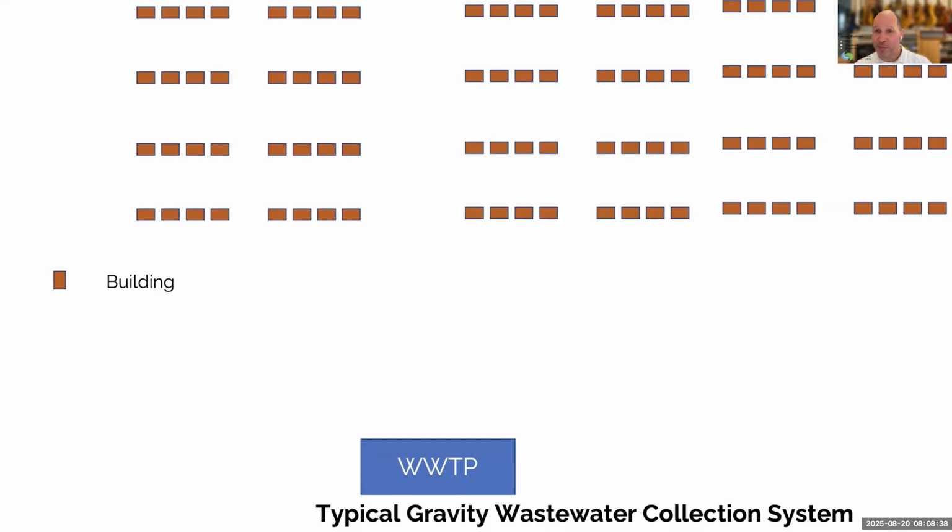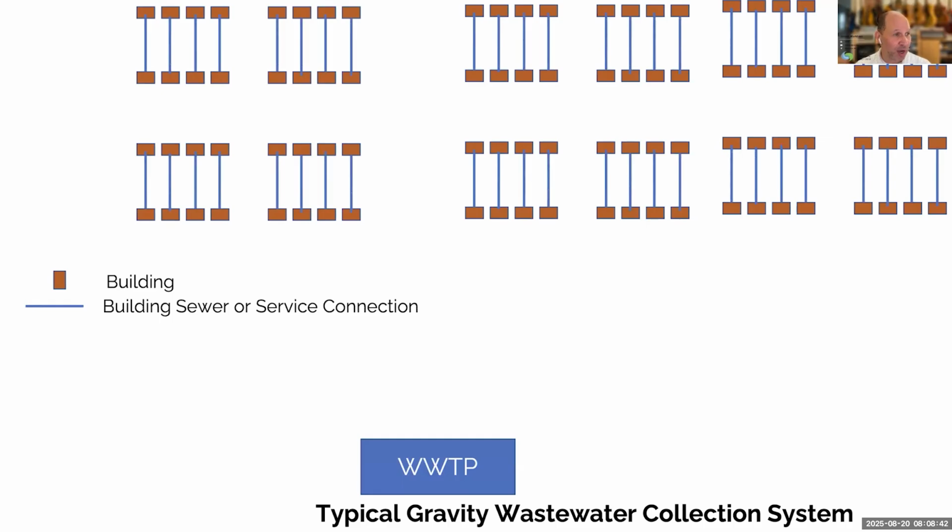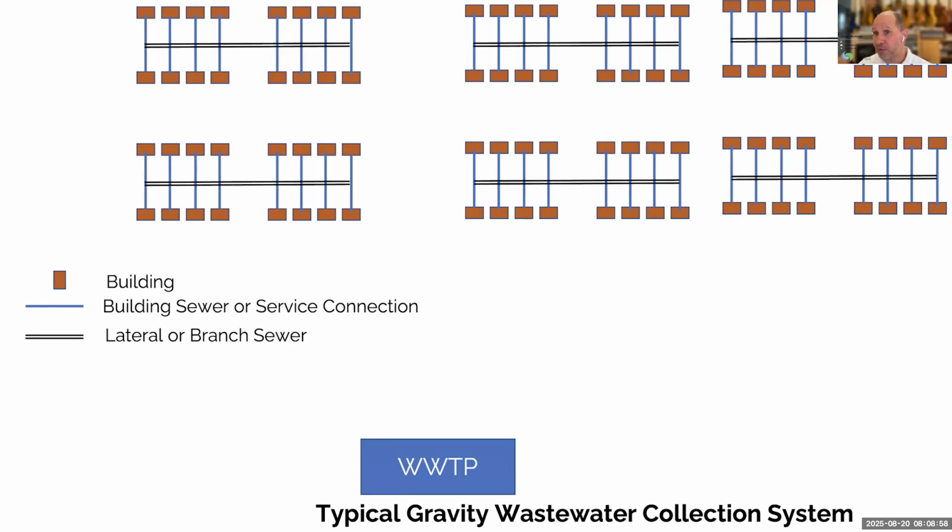So working your way from the individual customers, you're going to start with building sewers or service connections. Again, they're referred to differently in different places. Some places just call them sewer taps. And obviously, the point of these is not to move sewage from one house to another, but to move it to a centralized pipe, which is generally in the exams going to be referred to as a lateral or branch sewer.